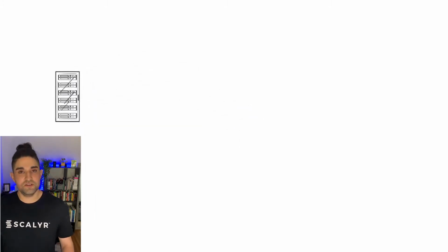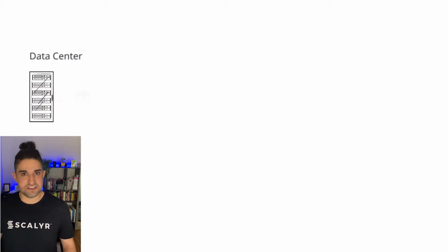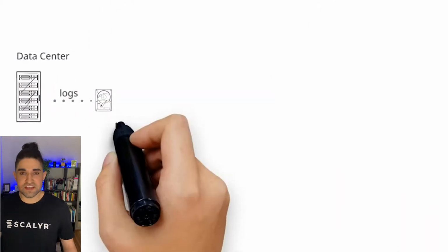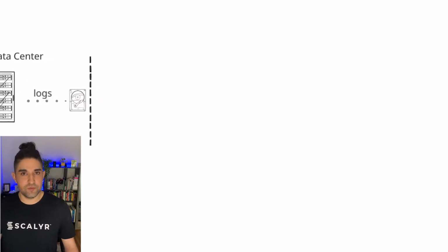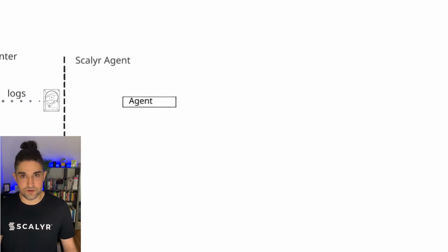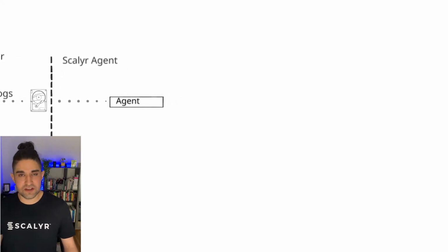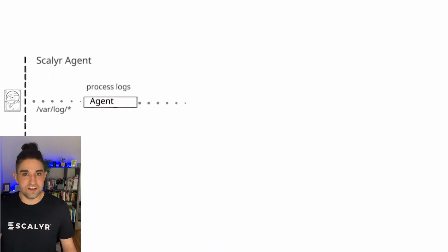So let's start in your data center, and as your applications and your servers function, they're going to be emitting logs. In this case, it's going to be writing logs to a disk, and you will most likely have the Scalyr agent installed on your servers, looking at a particular file, in this case var_log.